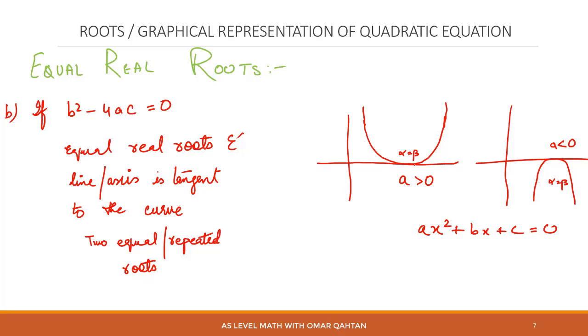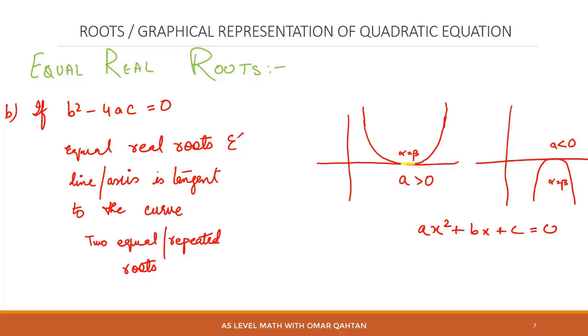If you look at the figure, this shows a is greater than 0, but concentrate over here: the parabola is touching the x-axis and is tangent to it. So whenever you are asked to find the condition for equal real roots, you just have to put your discriminant equal to 0. This is the most tested question you will find in the exam, and you will often come across it.